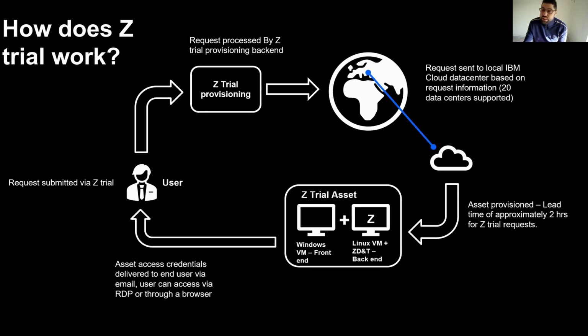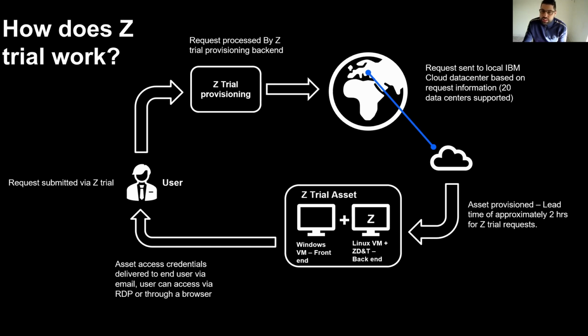It will choose the nearest data center to you. So if you're in the UK, then it's London. There's another 5 around Europe. There's several in Asia. There's several in South America, North America, and Australasia. And that is to reduce the latency, to make sure that the experience of using the trial is slicker and quicker.